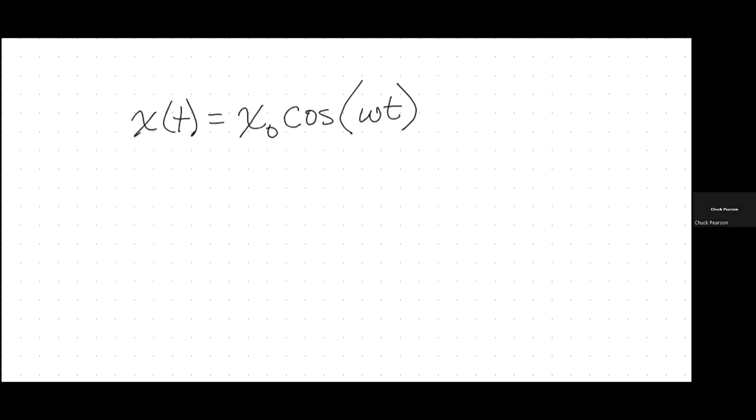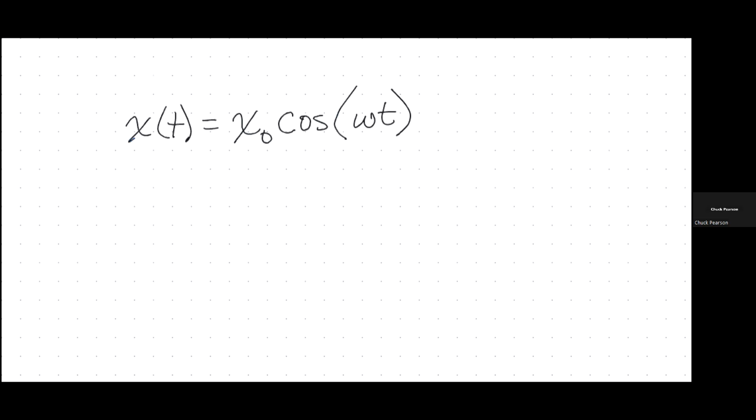I won't bludgeon you over the head with chain rule stuff that's sophisticated quite yet. I'll get there. But let's talk about a position function of time that's equal to some amplitude, some initial position, times a periodic function, a cosine function.